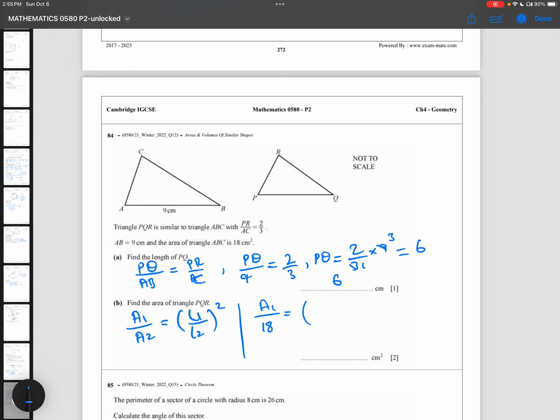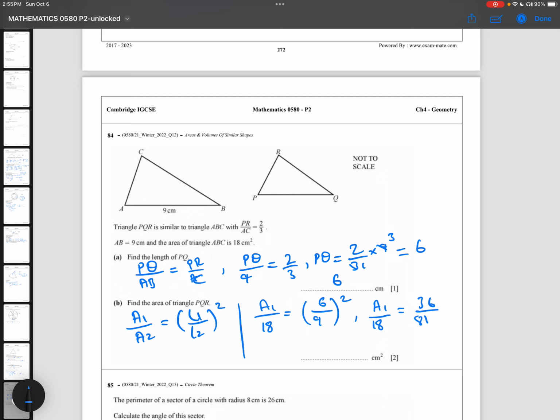So we will use the length PQ for L1, 6 centimeter upon, and PQ was corresponding to AB, that is 9 centimeter. So now A1 upon 18 is equal to 6 square, square of 6 is 36, square of 9 is 81.